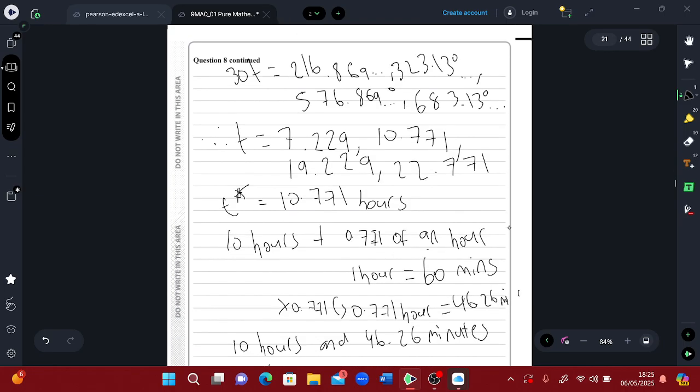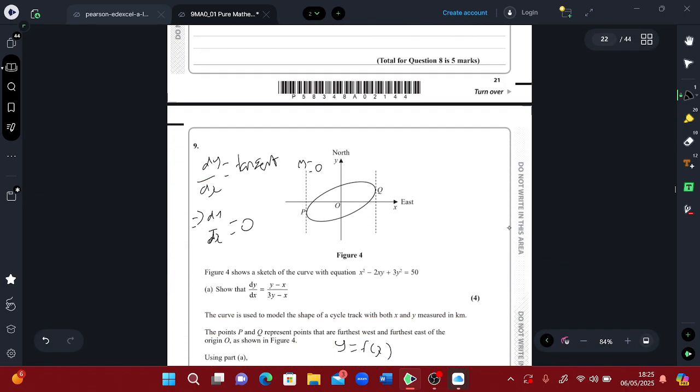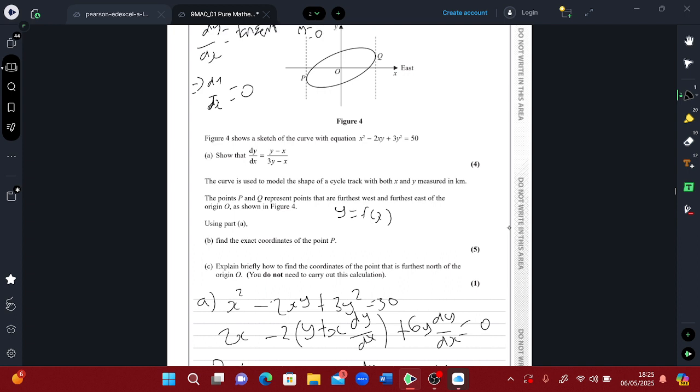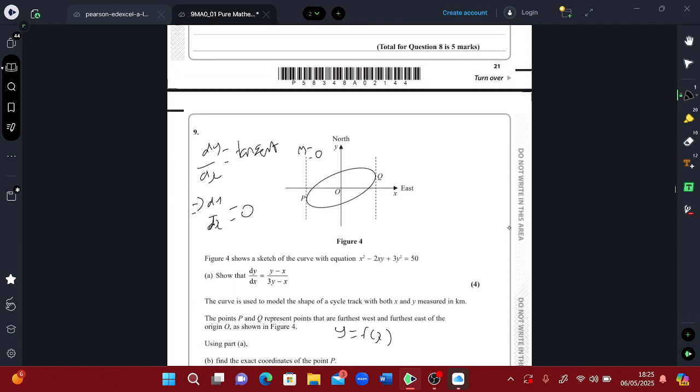It also seems a tad bit easy for what was it, 5 marks? But dy/dx should be 0 because this is the tangent of the curve, and it's flat, so the gradient must be 0.